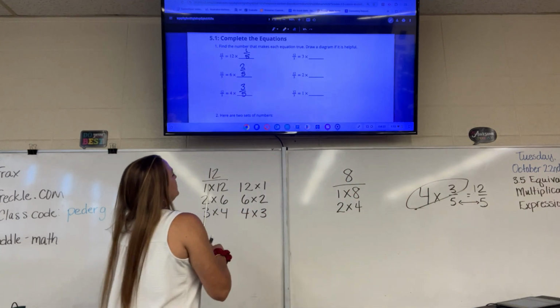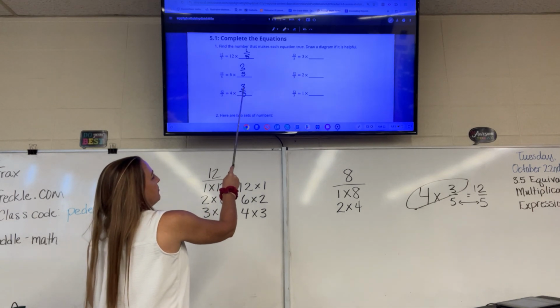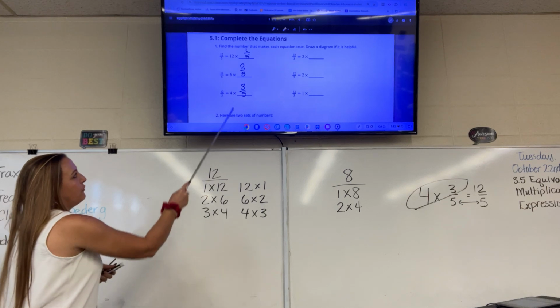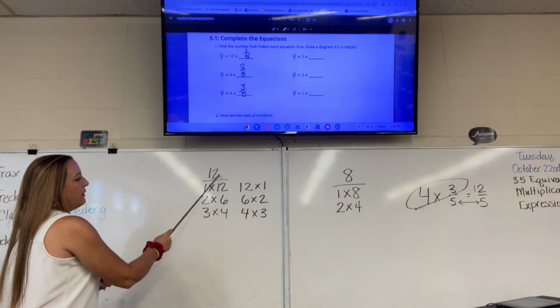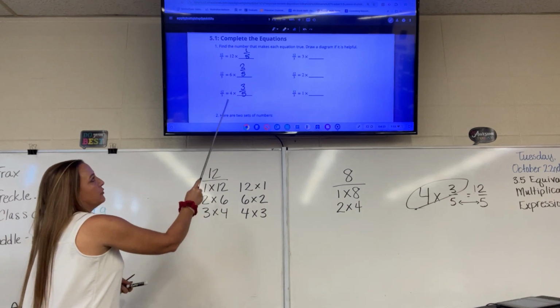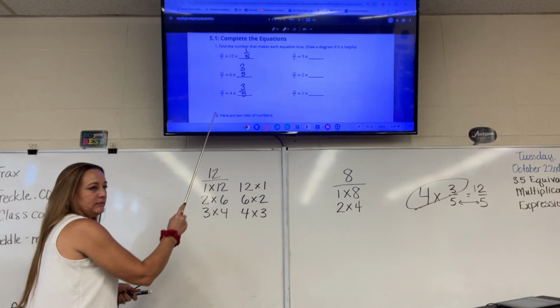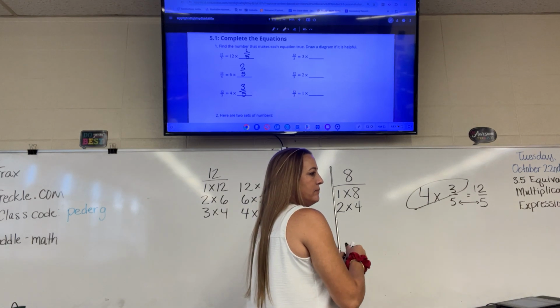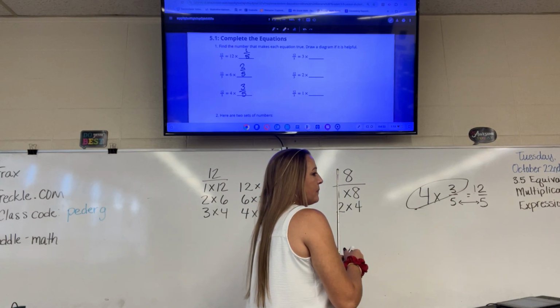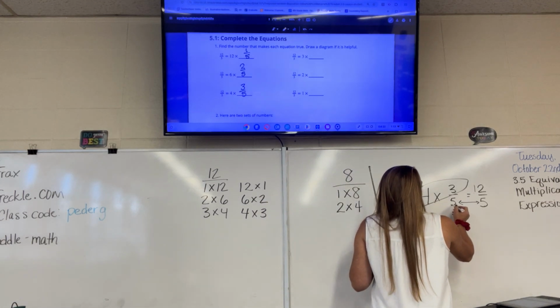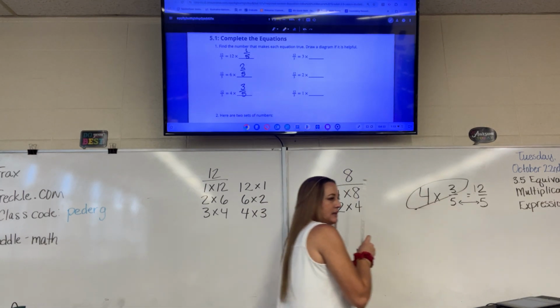So that's all we're doing. That's how they're coming up with this number, 3, by saying, well, what do you multiply 4 times to get 12? And it's 3. That's going to be your top number, and your bottom number is the same in the fraction. So basically, you multiply 4 times 3, and you get that number. Yes. But you keep 5 the same.